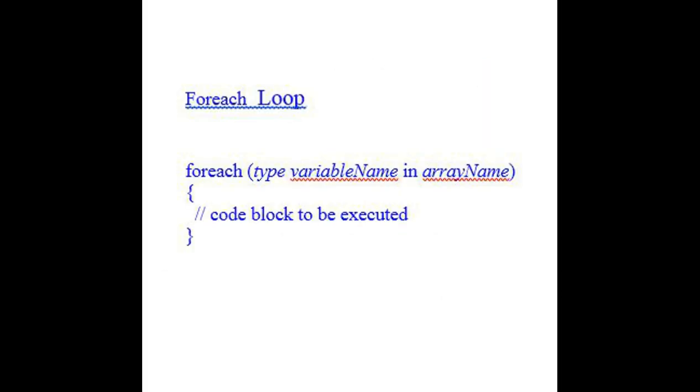Let's have a quick look at a typical C# for each statement. So here we can see that we use the keyword for each. Then we have the open and close parentheses. Within the parentheses, we declare a variable, and we give that variable a type. All variables have types, and then we pass in the name of a collection, either a name of an array or a list.